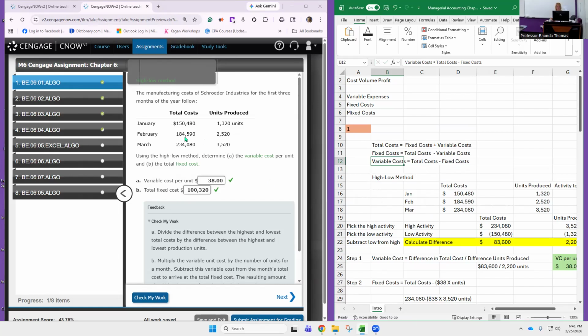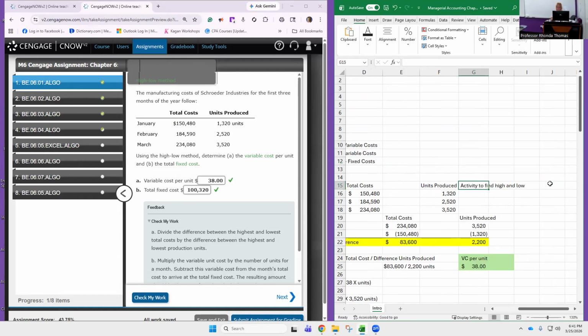So they've given us this little data here. Total costs and units produced. The units produced is the activity. Okay, you don't look at the dollars when you're trying to figure out what's the high and the low. You're actually going to concentrate on the activity.